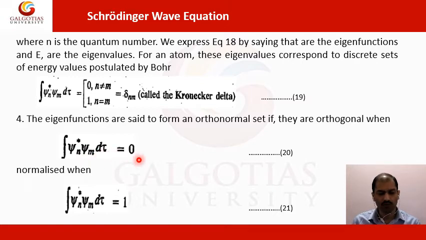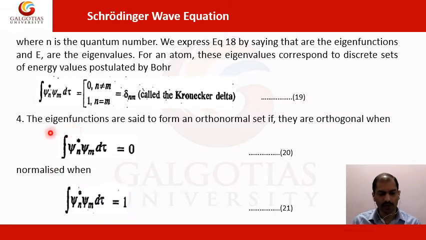In the case of a normalized wave function, you have to integrate over all space, and then the integral of psi star n into psi m d tau equals 1. So you have to see whether you are getting these kinds of conditions or not.